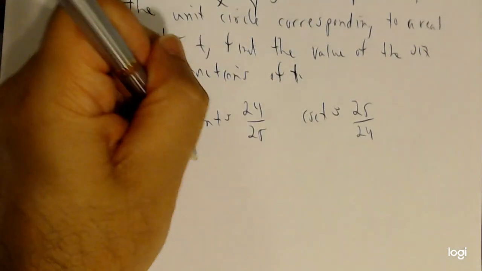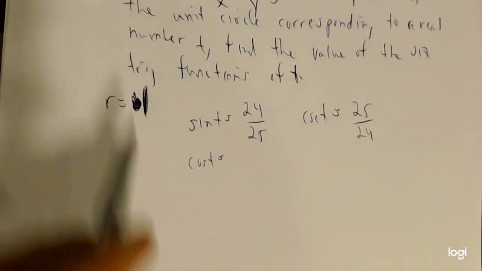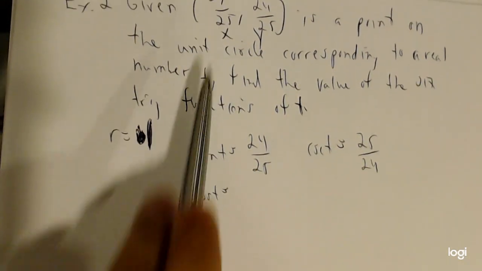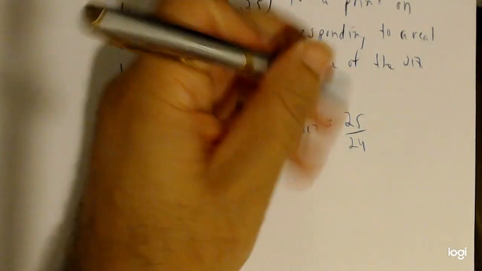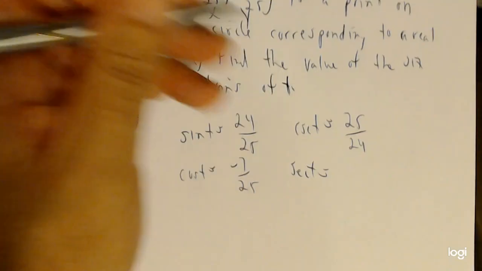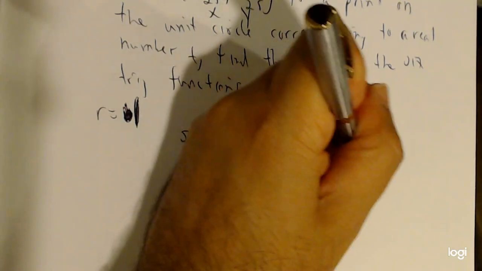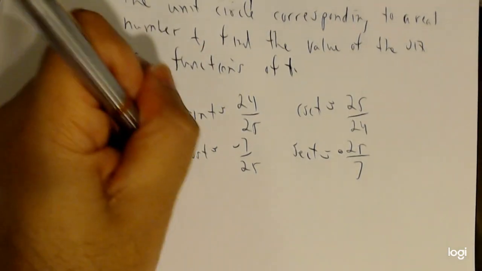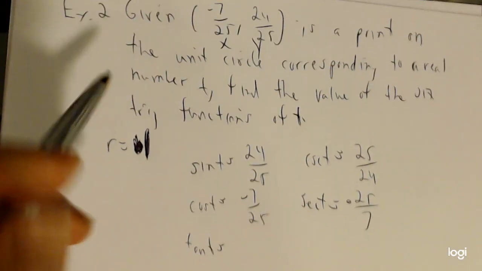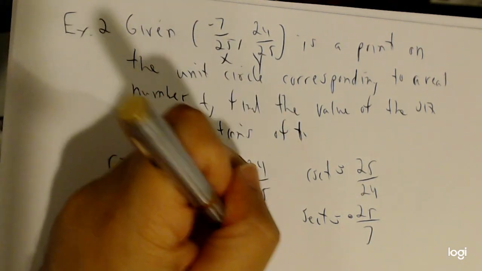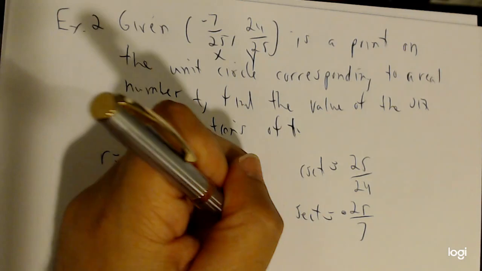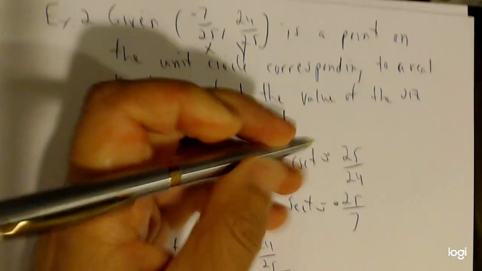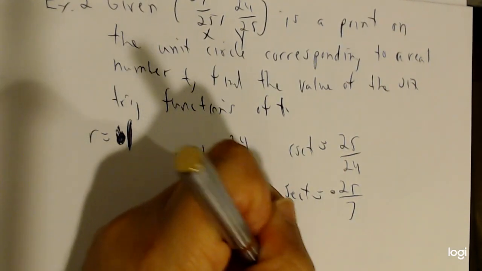And then what else do we have? We have cosine of t, which is x over r, so negative 7 over 25 over 1, which is negative 7 over 25. And then we have its reciprocal, secant of t, which is negative 25 over 7. And then we have tangent of t, which is y over x, so 24 over 25 over negative 7 over 25.